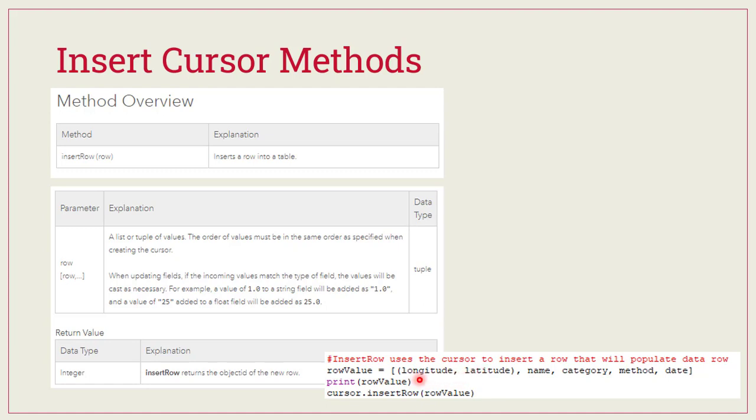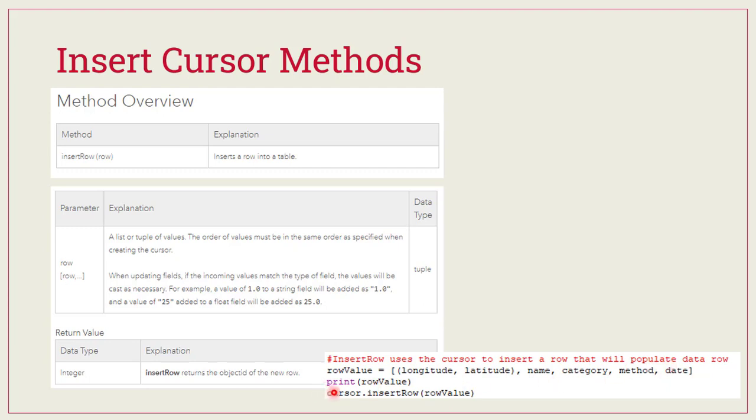So we've stored in a variable called longitude and latitude the X and Y coordinates for this particular row. And in these 4 variables, we have stored the individual information from somewhere, more often than not an additional table, that we want to populate into the name field, category field, method field, and date field. We just have the text to be inserted, stored in a variable here.